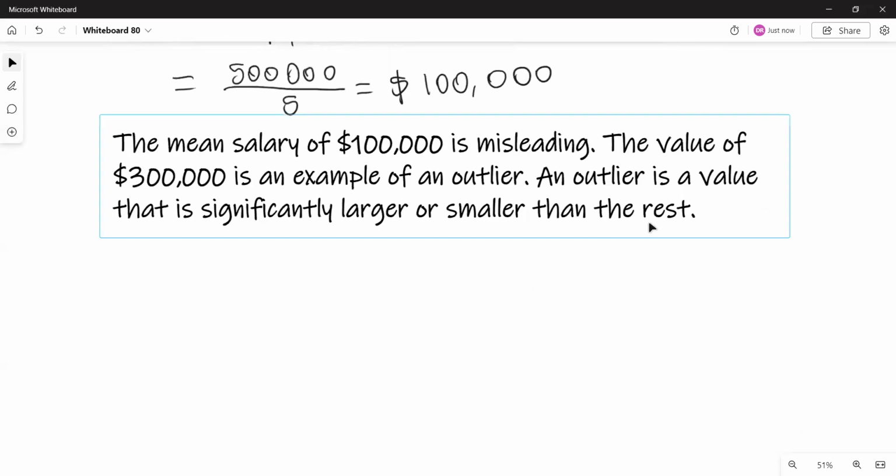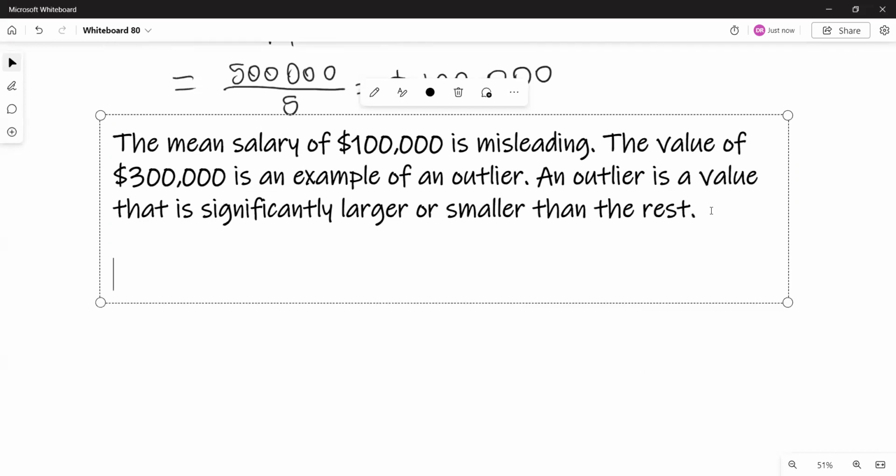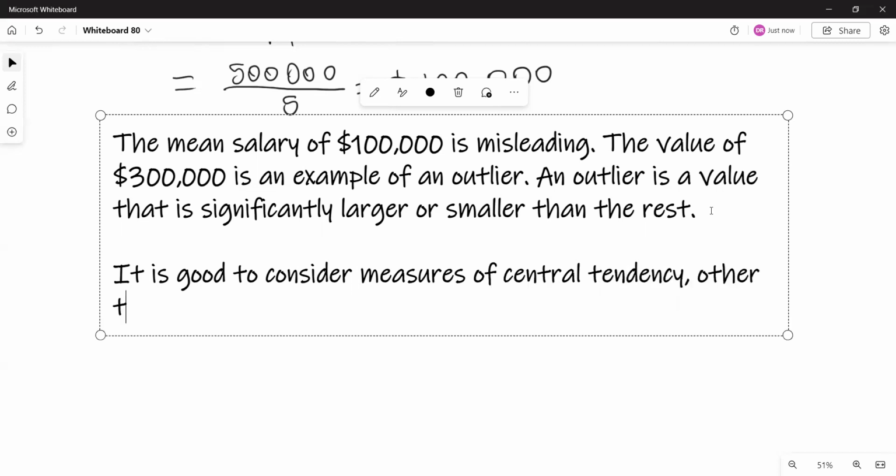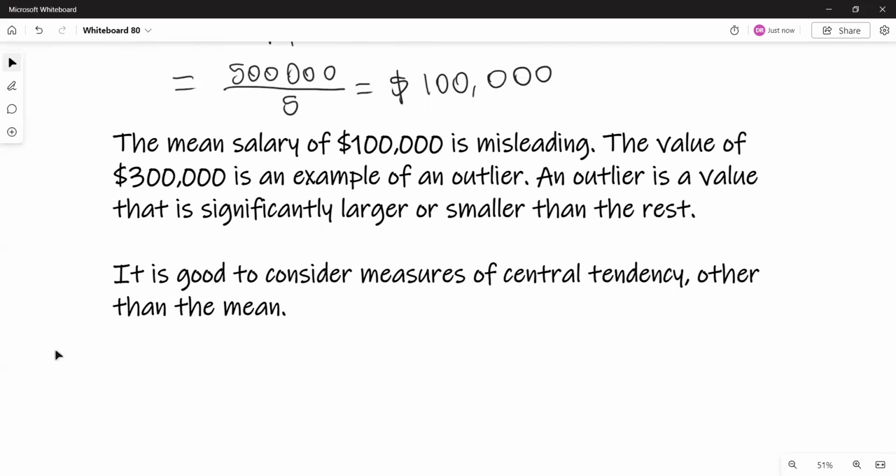So because the mean can be misleading because it is affected by outliers, it is good to consider other measures. It is good to consider measures of central tendency other than the mean. So we cannot rely entirely on the mean.